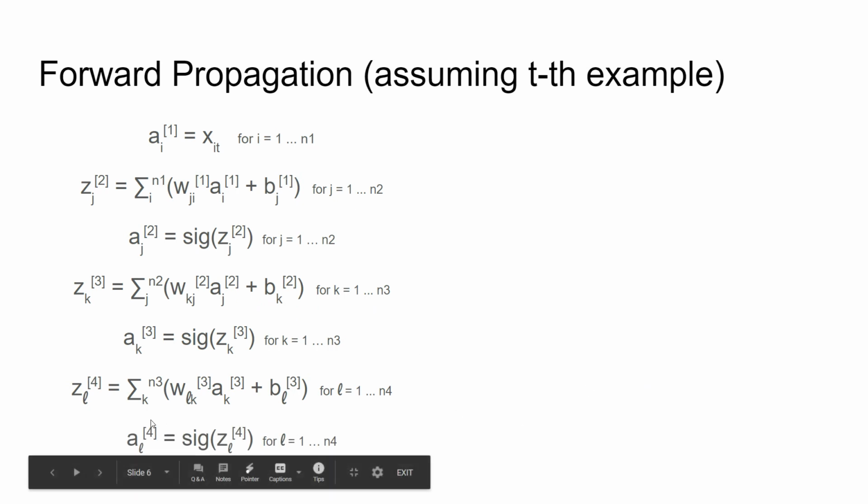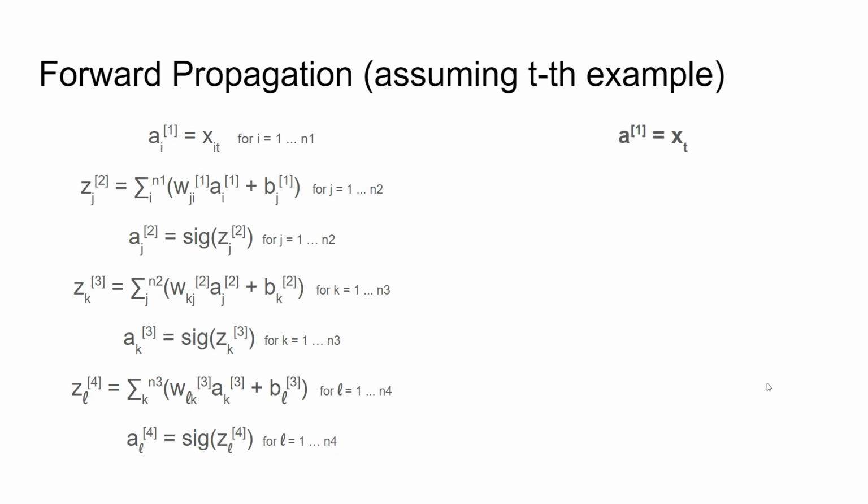And this goes further up to the last layer. Now the vectorial representation: we are just assigning the vector xt to a1, and vector z2 is obtained by multiplying w1 into a1 and adding b1 as bias.